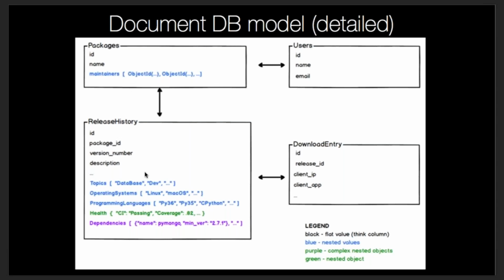And then to get the rest of the data, the release history, we just get the one we're focused on, latest or something, if we're looking historically. And it has some flat data like package ID, version number. All the other tables that you saw are now embedded inside of Mongo. So in this document, our topics are embedded, our operating systems are embedded, our programming languages are embedded.